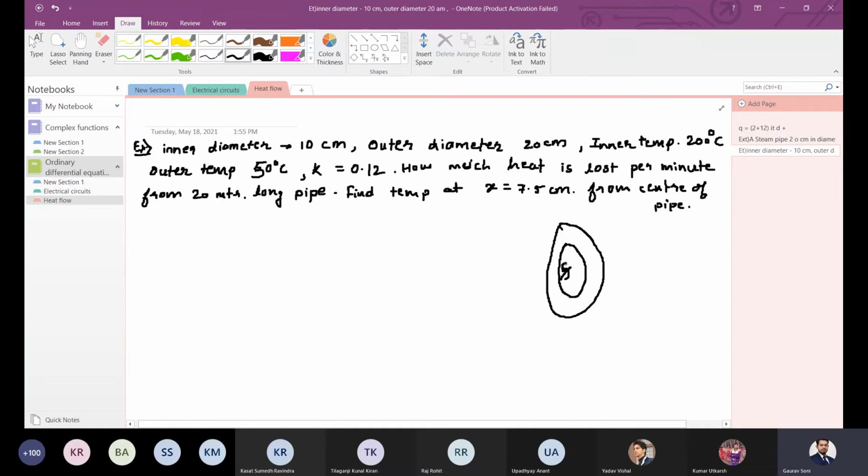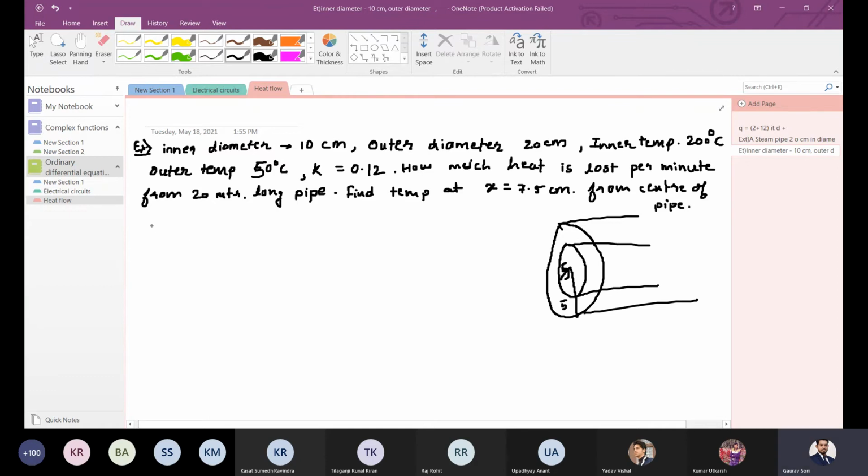So the covering has to be of how many centimeters? Covering needs to be 5 centimeters. Then temperatures are given to us, so we can go for it directly by Fourier's heat law.